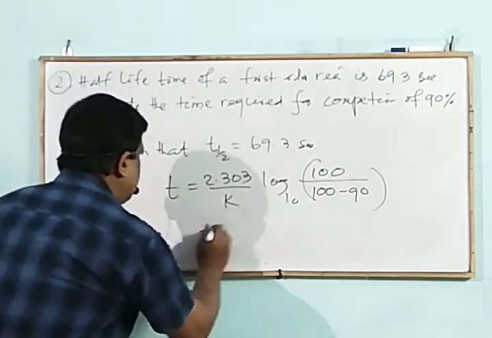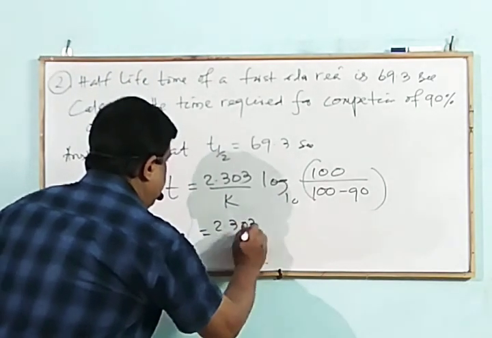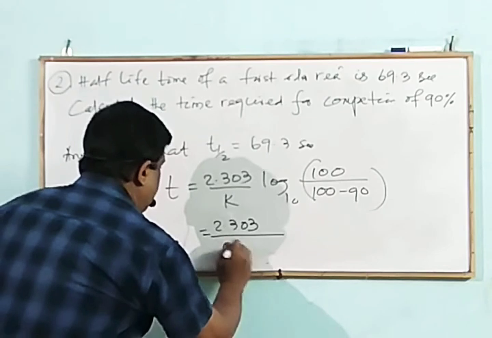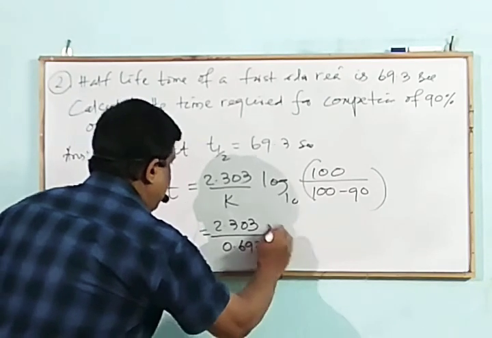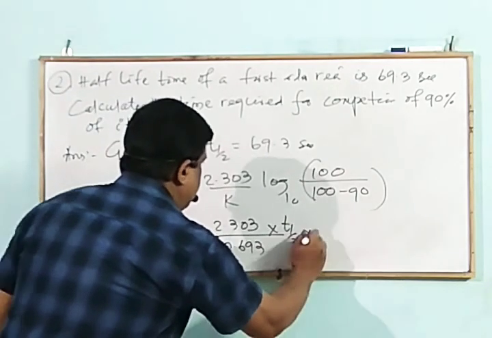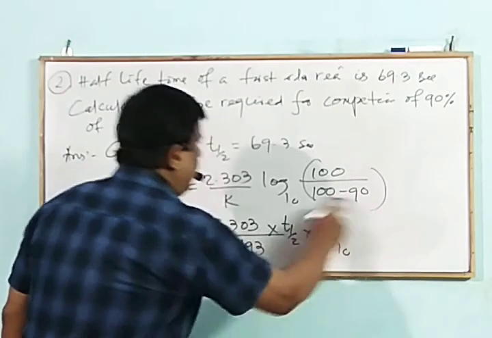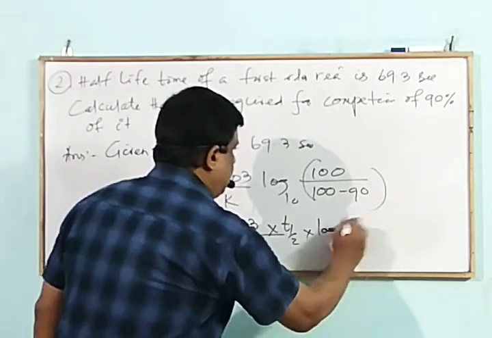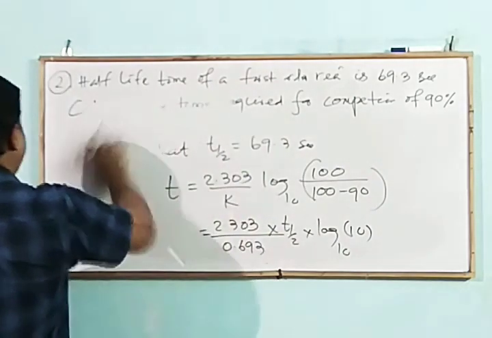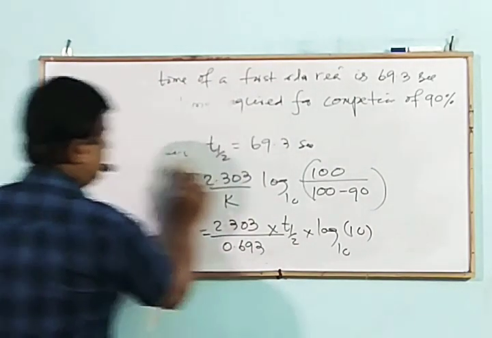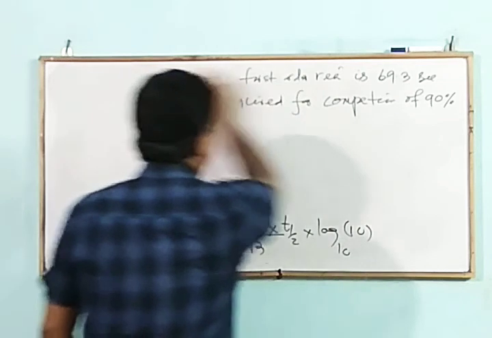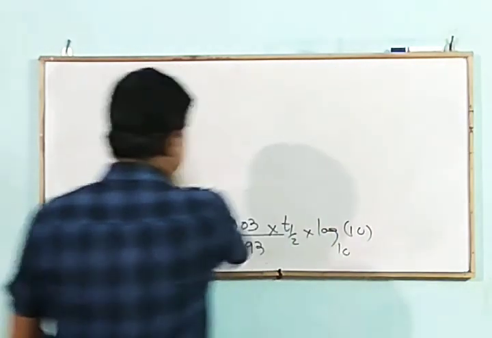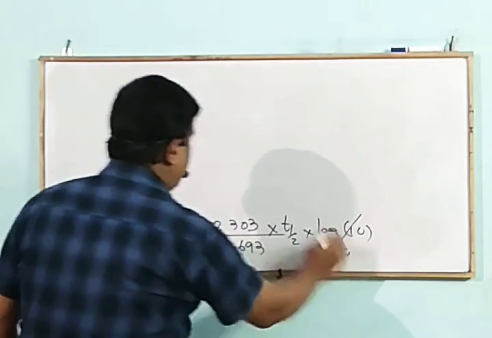Putting this value, 2.303 by 0.693 by T half into T half into log 100 by 10, that is 10. Mark that. Log 10 is 1.